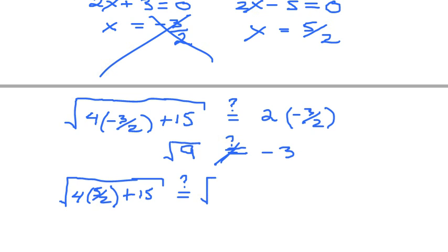And this side is 2 times 5 halves, so this side's going to be 5. 2 goes into 4 2 times, 2 times 5 is 10, plus 15 is 25. The square root of 25 is 5, and that's 5.